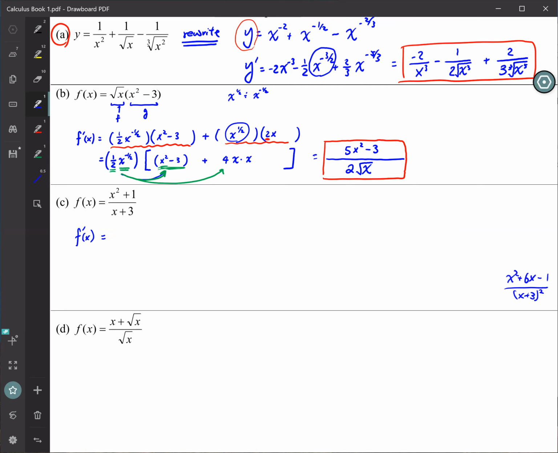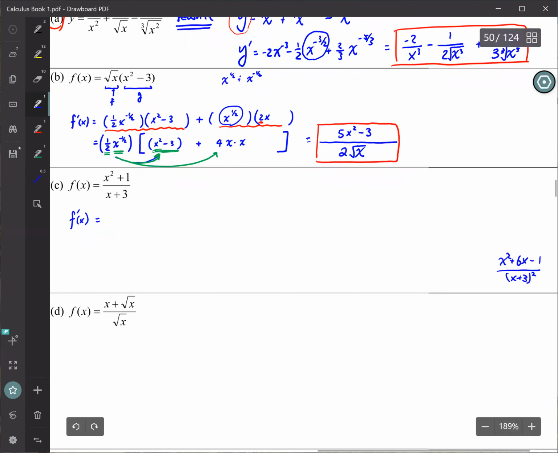Nicole, any questions? Oh, I'm still doing it. Okay, I'll write down the first step. If you get something different, you can check which step you got wrong. So f prime equals g minus f g prime, over g squared.